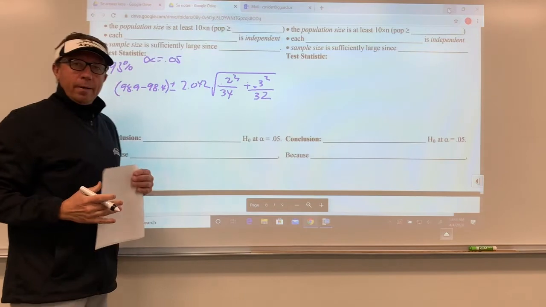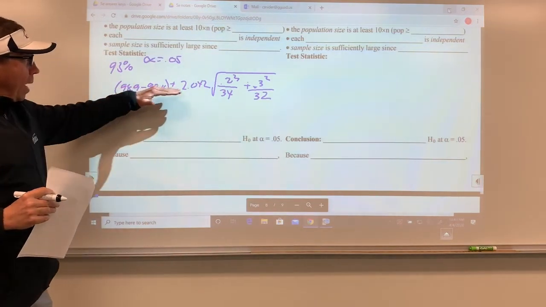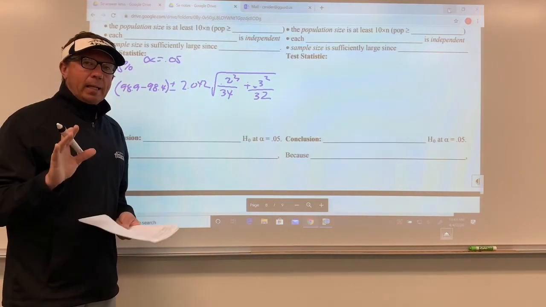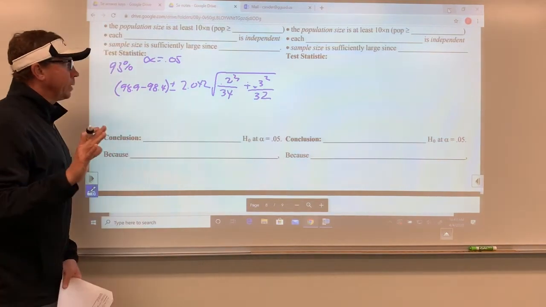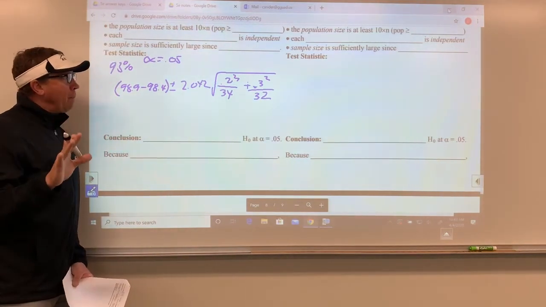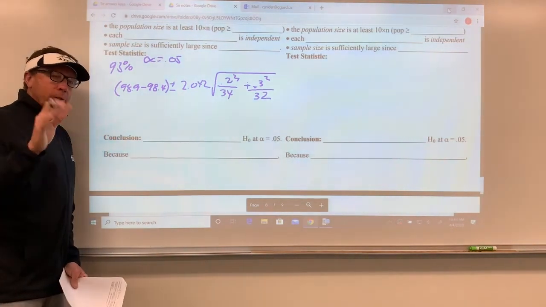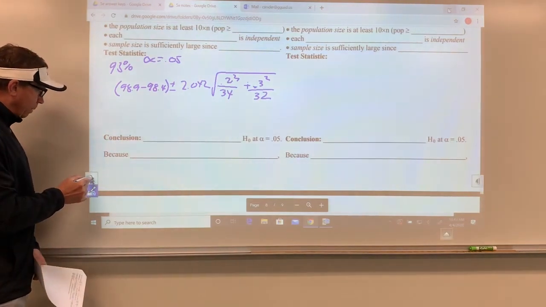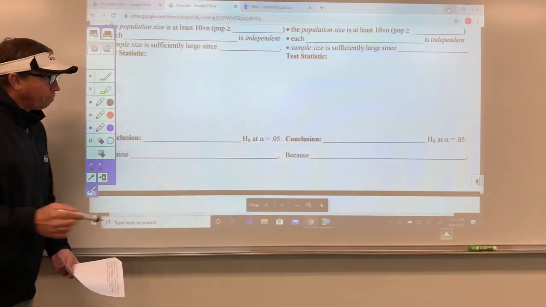Okay? Now, again, after you write this, you are very unlikely to calculate this by hand. You're probably going to go to the calculator. So let me do that. Let me erase this and let me go to the calculator. Okay?